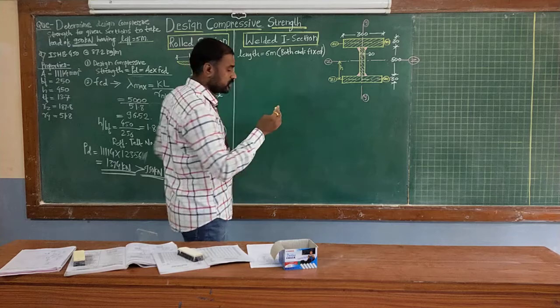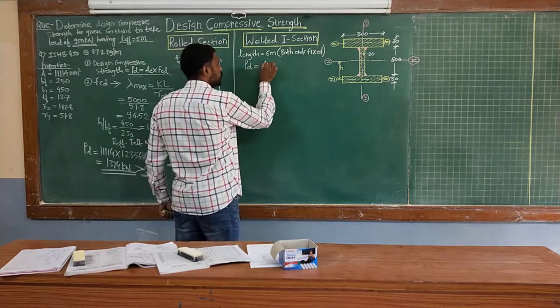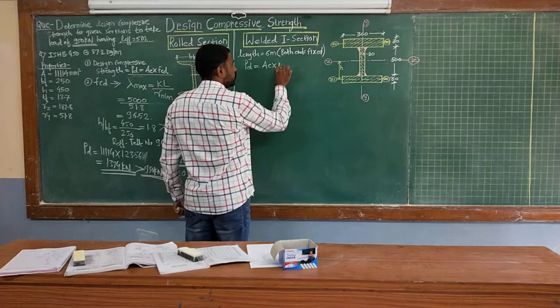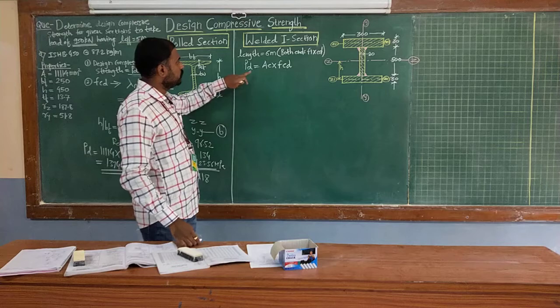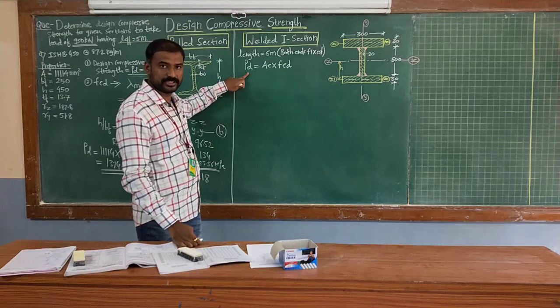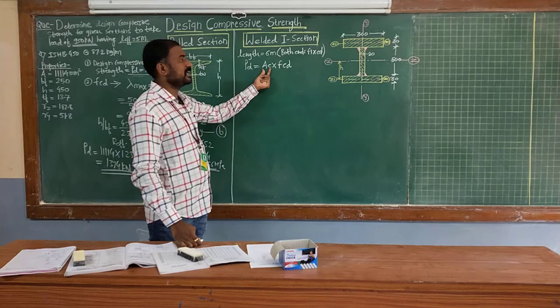Starting with this, the length of the section is 6 meters and both ends are fixed. The first step is the design compressive strength PD equals effective area multiplied by FCD. This is the common step we adopt for calculating design compressive strength. So first calculate the area.